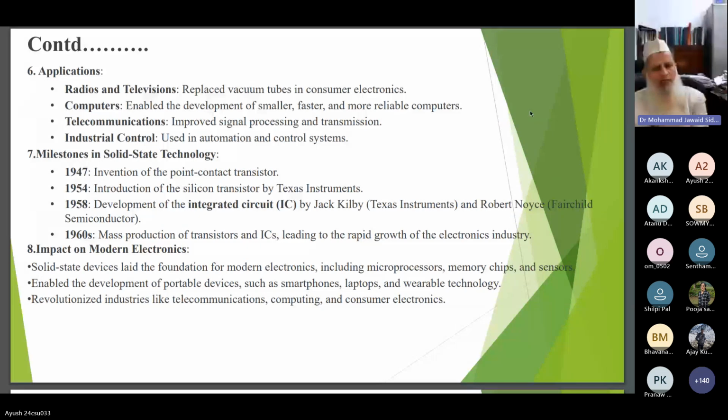As for the impact on modern electronics, solid state devices laid the foundation for modern electronics, including the microprocessor, memory chips and sensors. They enabled the development of portable devices such as smartphones, laptops, and wearable technology, and revolutionized industries like telecommunication, computing, and consumer electronics. The main role was played by the miniaturization of these solid state devices.